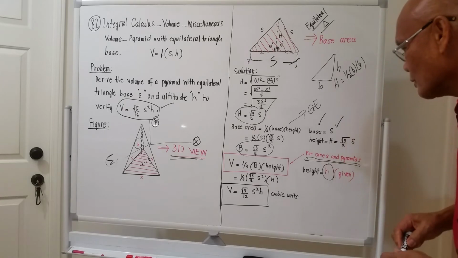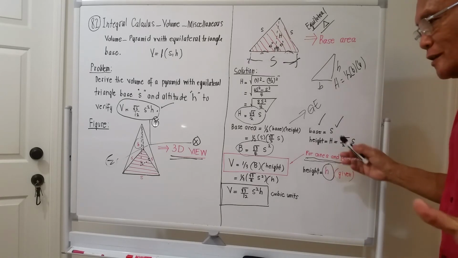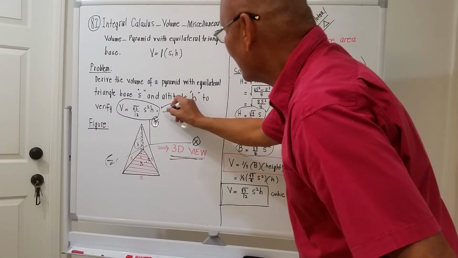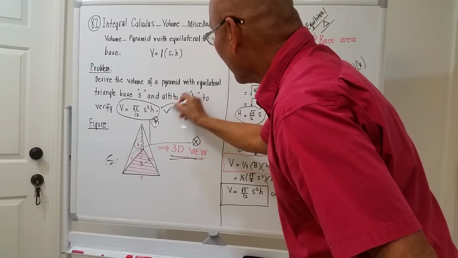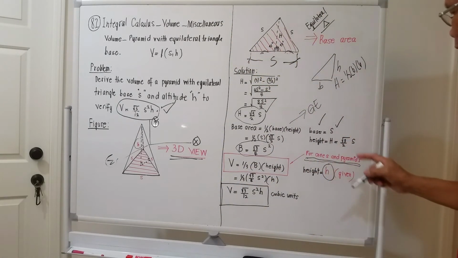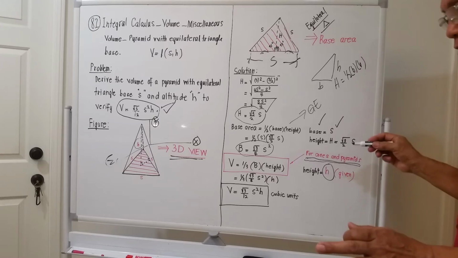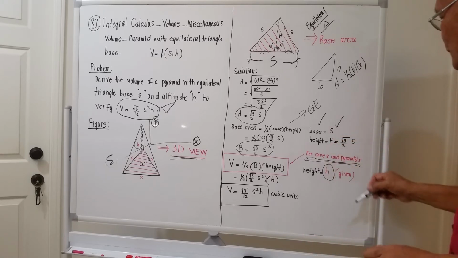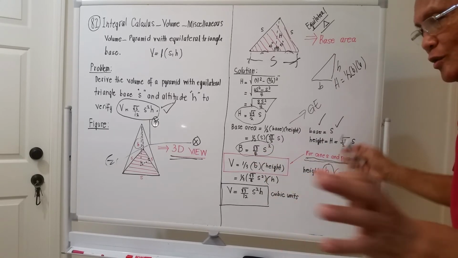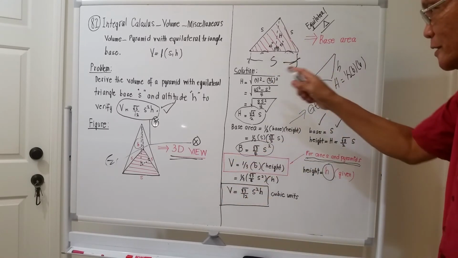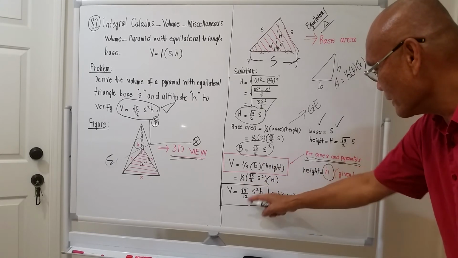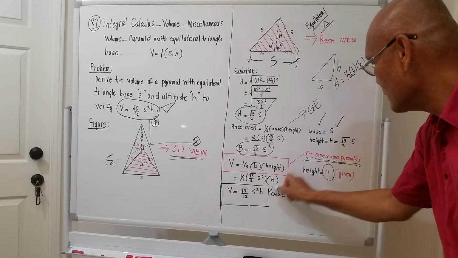So our solution yesterday using integral calculus was correct. This was the solution yesterday. And by using the solid mensuration solution, by using the proven concepts for cones and pyramids, which is 1/3 base area times height, what comes out for an equilateral triangle pyramid is that the volume is square root of 3 over 12 s squared times h.